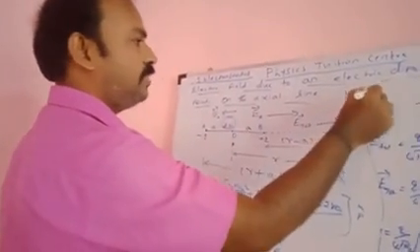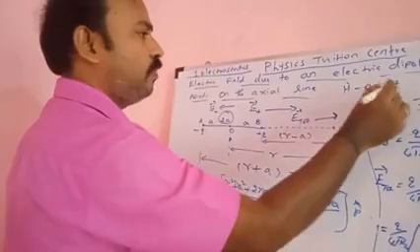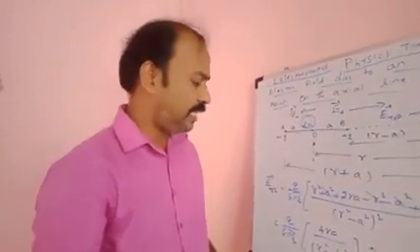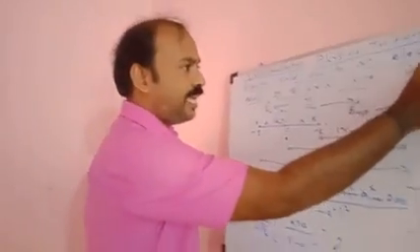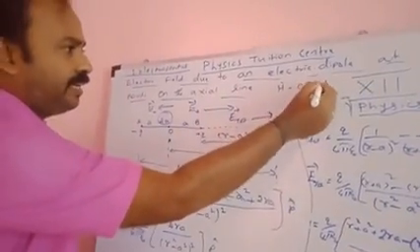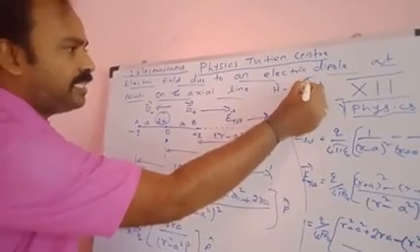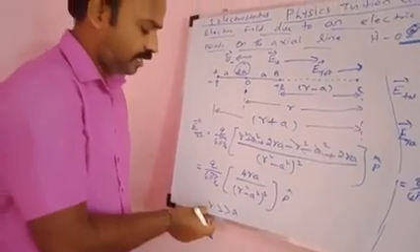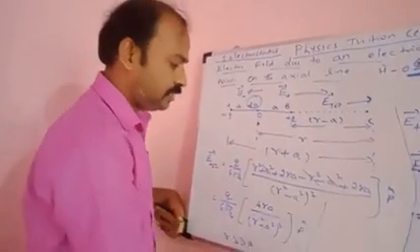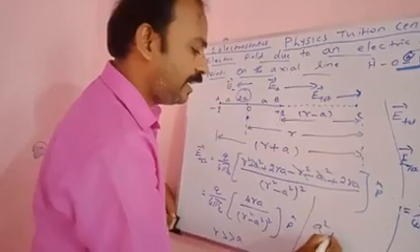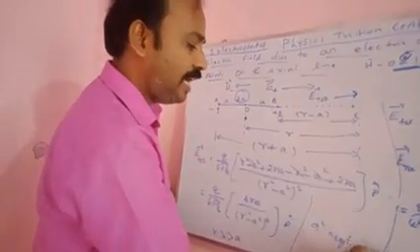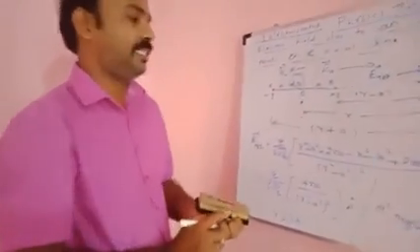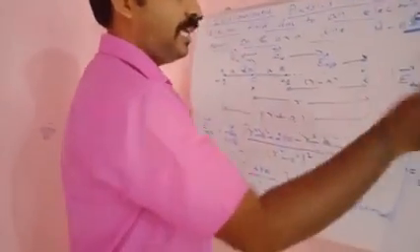Already told, H, O and H. The distance between O and H is very small, negligible, of the order of 10 power minus 10. So this is a, the distance between O and H. This a is very small compared to r. So you can neglect this a squared part. So what about this answer?